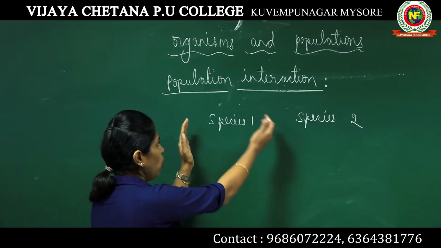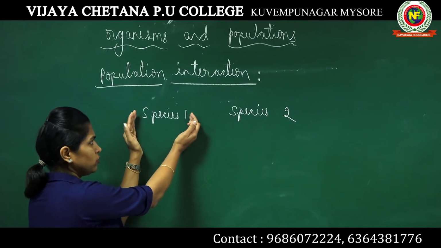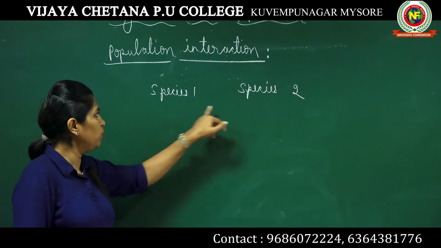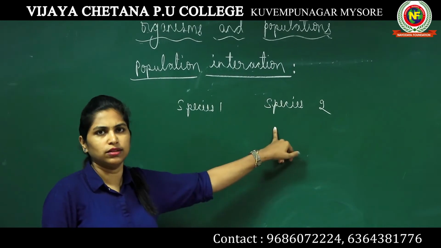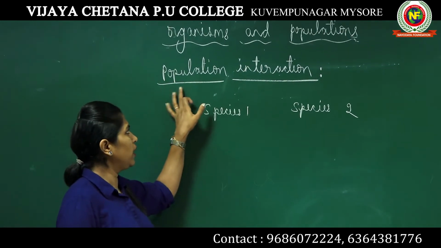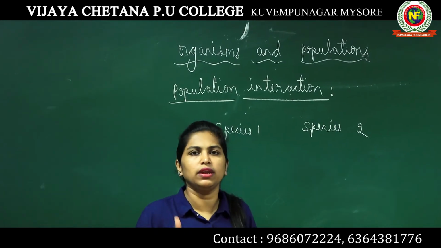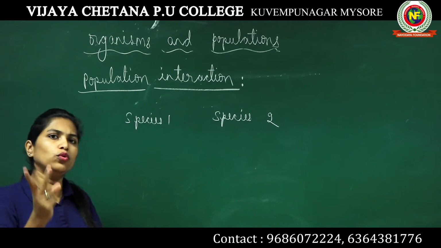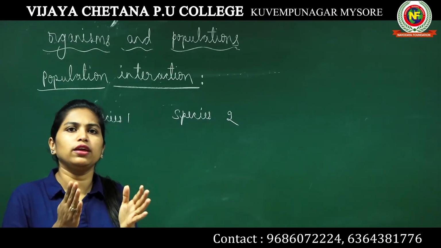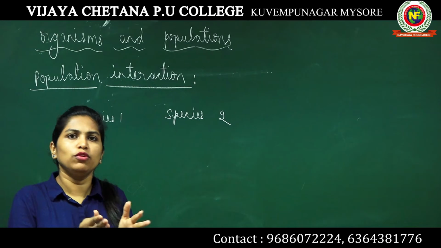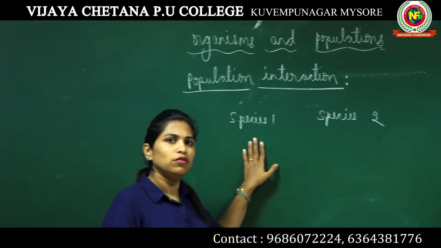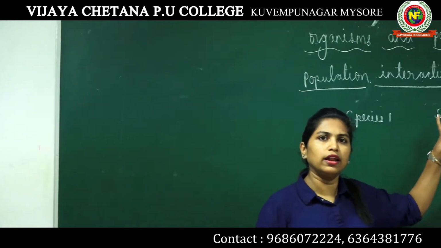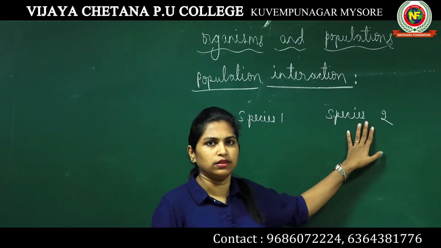Now the population belonging to species 1 and the population belonging to species 2, how both of them interact with each other, that is known as population interaction. The name itself gives us the explanation. For example, you take human beings as a population, belonging to one particular species, and we can take a dog as another population belonging to another species.